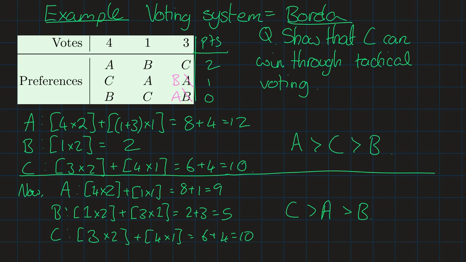Okay? And just to reiterate, the idea is if these three people voted sincerely, then they would be giving A support. They would be giving A points. And they give A just enough points to actually beat their top preference. Right?